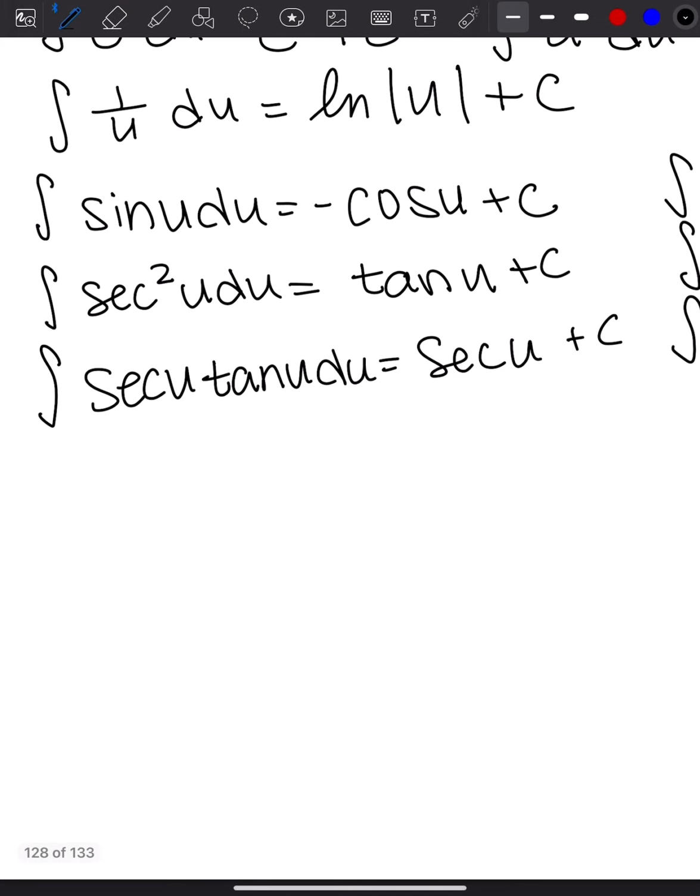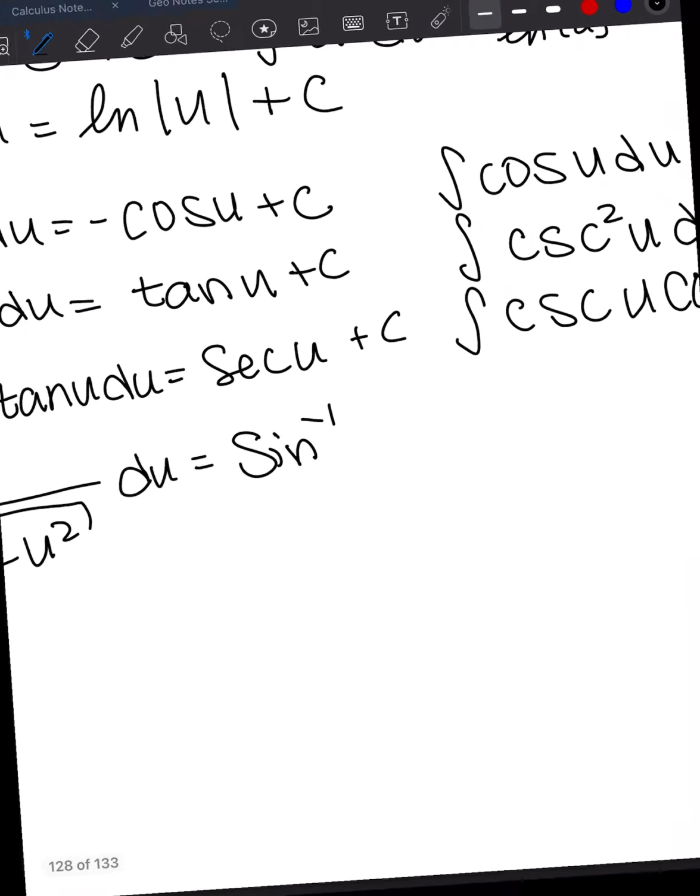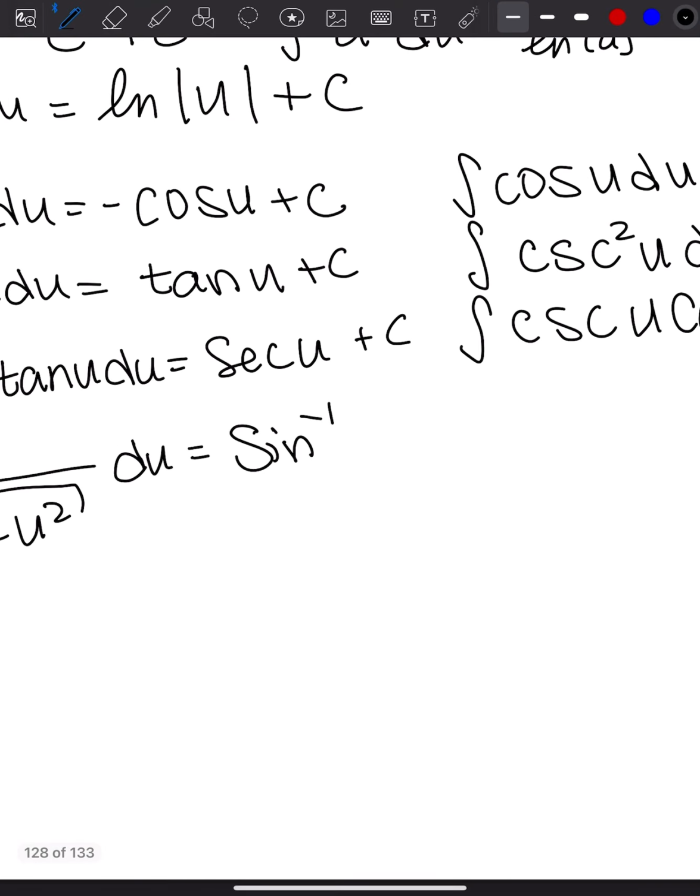And then we have our big three. The integral of 1 over the square root of a squared minus u squared du, we're looking at sine inverse, specifically of u divided by a plus c.